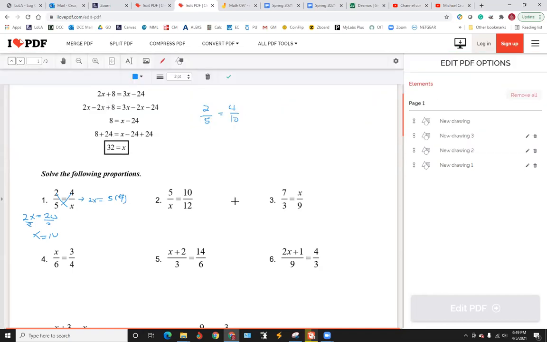But these right here, the reason why you got the X there is to tell you what number you're going to put down there in order to make these things equivalent. If you divided both of this side by 2 or multiplied this side by 2, you would find out that 2 times 2 is 4 and 2 times 5 is 10. So that one checks out. Or you can divide this one by 2 and get 2/5 is equal to 2/5. Same thing. They're both equal.